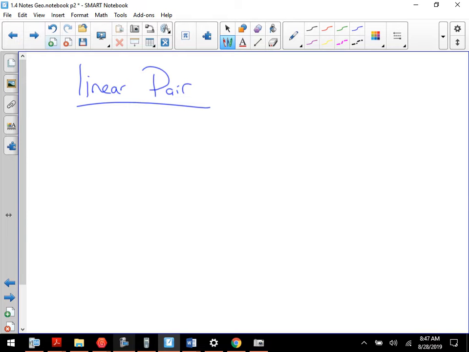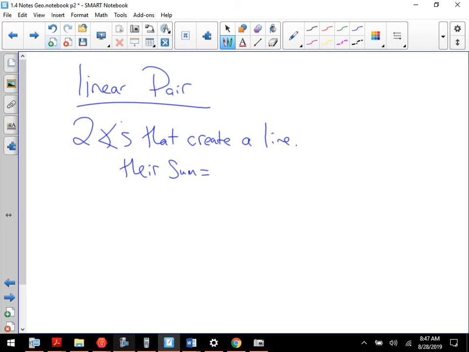Linear pairs, very simple. It's two angles that create a line. Their sum is also 180 degrees. Linear pair are two angles that create a line, and their sum is still also 180 degrees. And it should work itself out fairly easy from there.